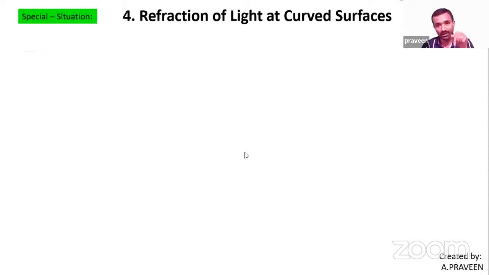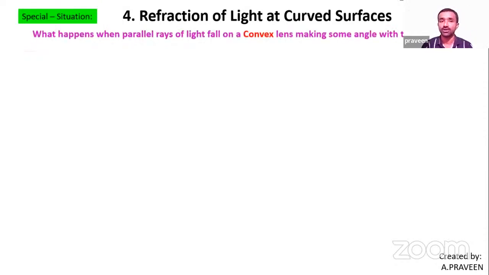What I am specially mentioning here is a parallel beam of light rays making an angle with the principal axis. So when a parallel beam of light rays falls on a convex lens, or maybe on a concave lens also, but making an angle with the principal axis, what happens in that case?